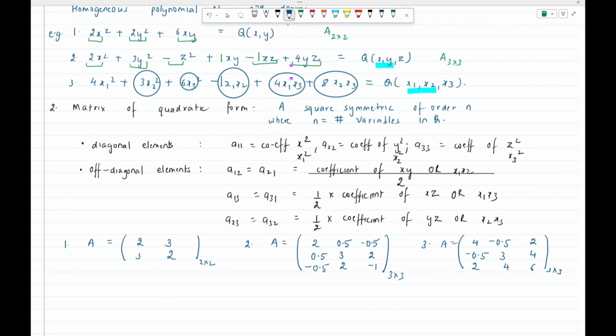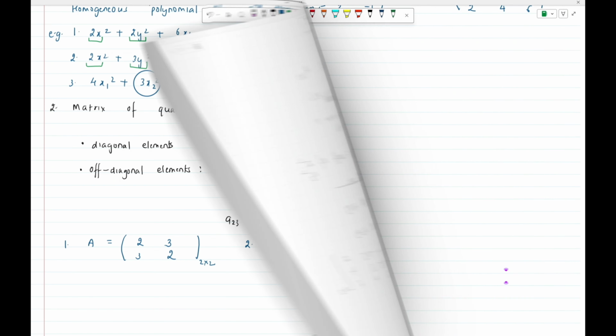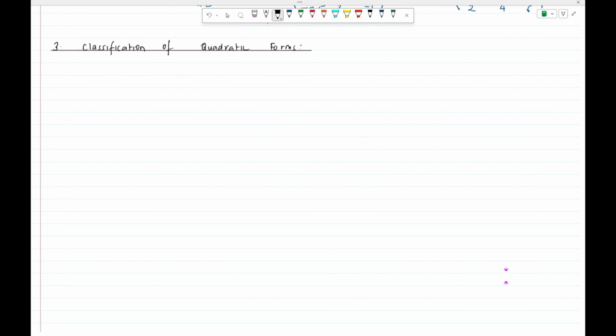The next thing we are going to do is classify these quadratic forms. The classification of the quadratic form is done on the basis of the eigenvalues of the matrix of the quadratic form. So depending on the eigenvalues of the matrix A, we are going to say what type of quadratic form Q is going to be. So the first type is the quadratic form being positive definite.